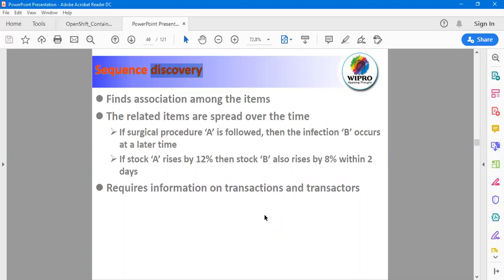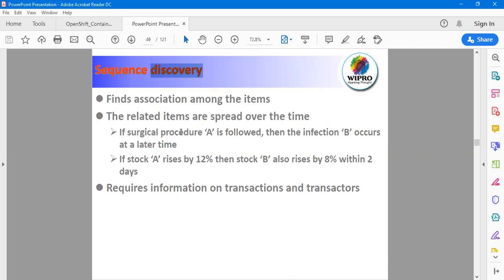They cannot use the same design again and again over the entire century. So that is the meaning: you have to understand the sequence of related items spread over time. Sequence discovery is that maybe this year the sequence pattern was X, and maybe another year the sequence pattern was something else.